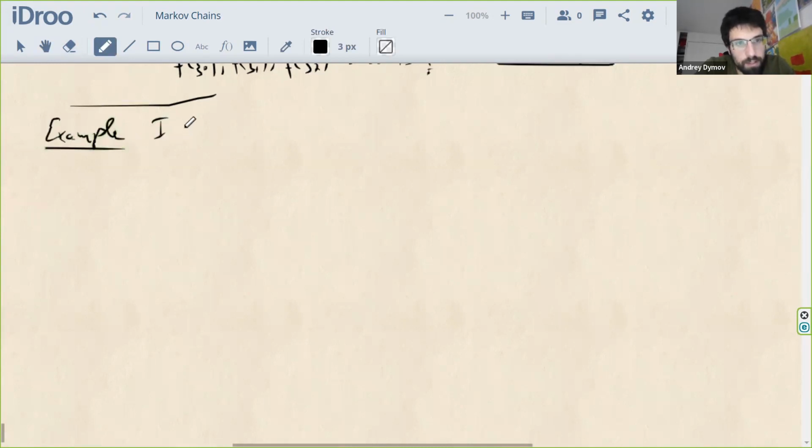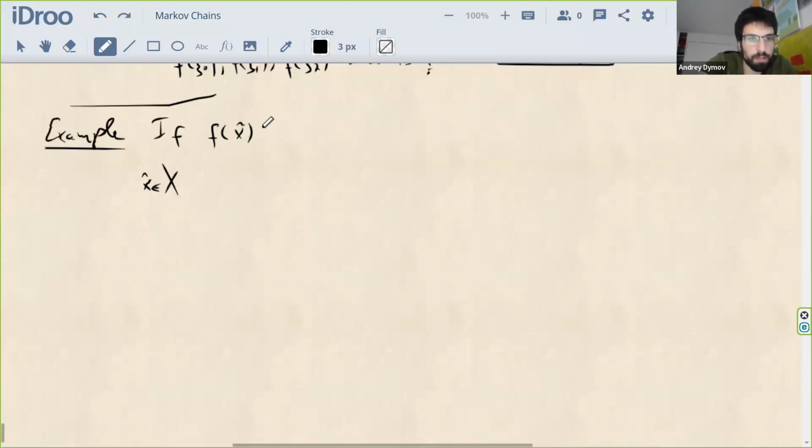If the function f... okay, let us say that some x small belongs to x large, x hat.